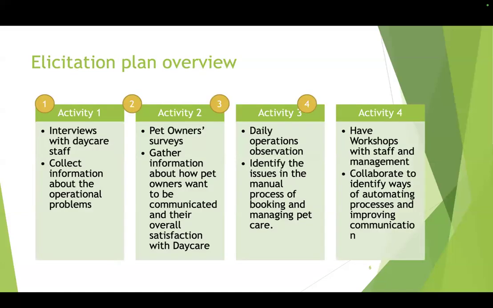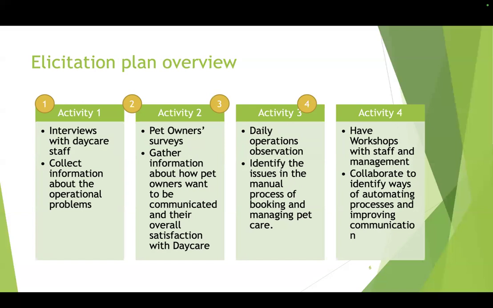Now coming to the elicitation plan overview. Here, we can see we have four activities: the first one is interviews with daycare staff, then pet owner surveys, and then observations and workshops. We'll begin by conducting interviews with daycare staff to understand their operational challenges. Following that, we'll distribute surveys to pet owners to gather feedback on their communication preferences.